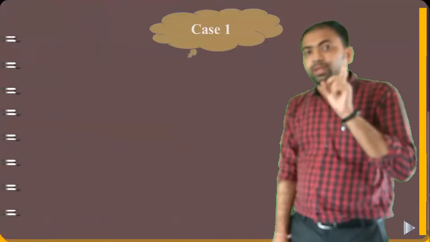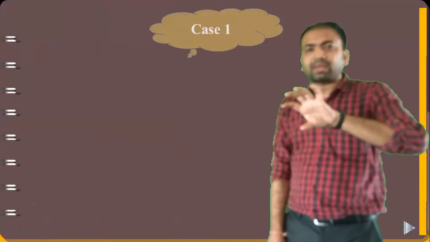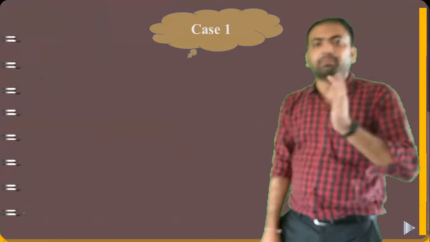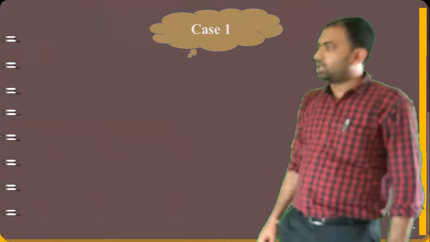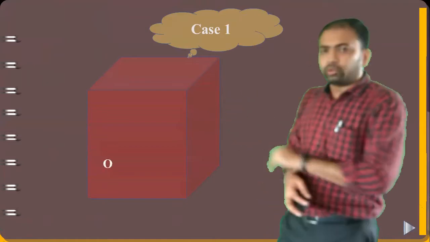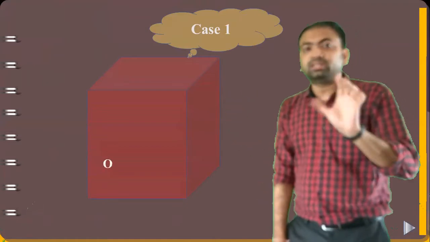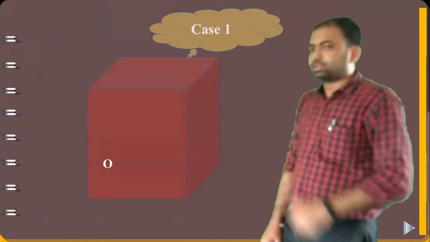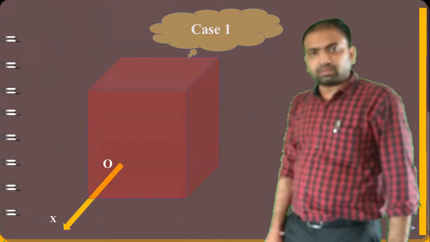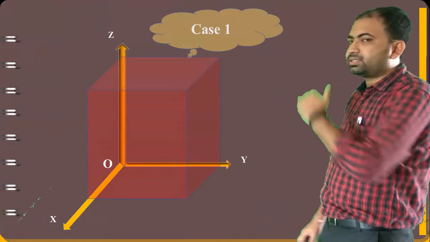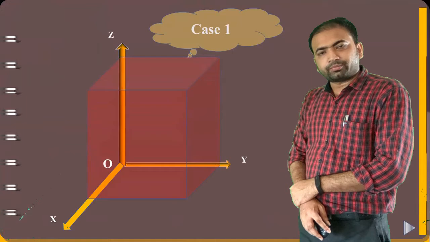That means frame 2 will be rotated at some angle, say theta, with respect to frame 1, keeping the origin at the same point. Now you can see here, the same block we have chosen, and we have the point O, which is the origin of both frames, frame 1 and frame 2. We are first considering the x-axis of frame 1, then the y-axis, and then the z-axis of frame 1, right?